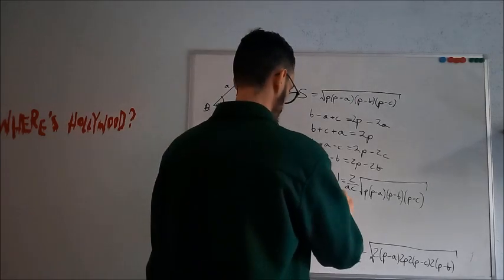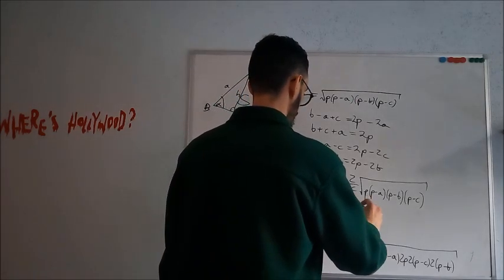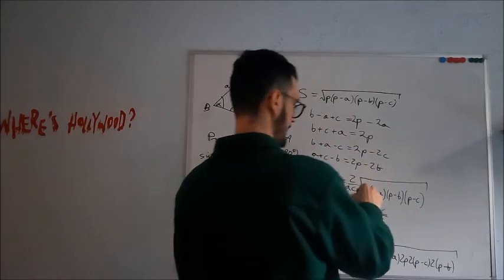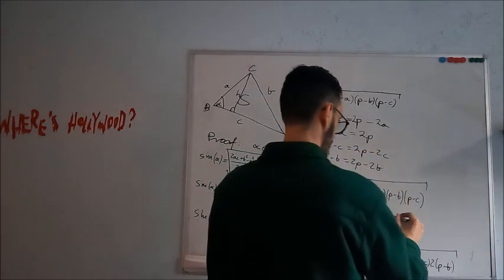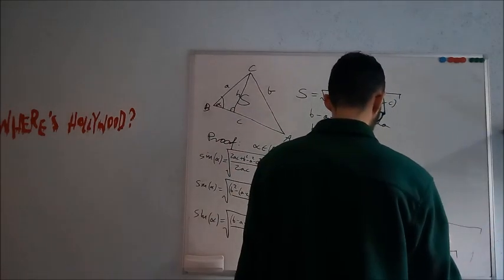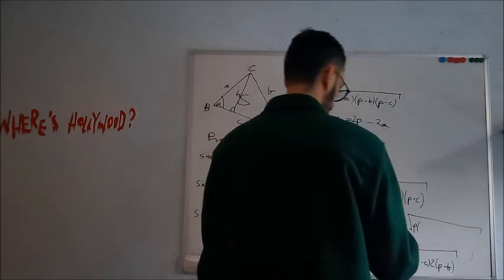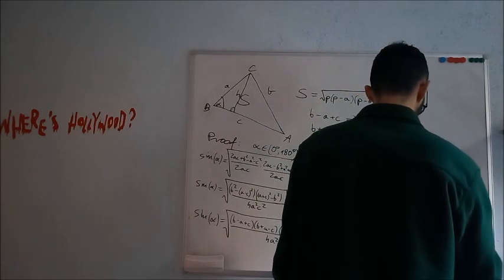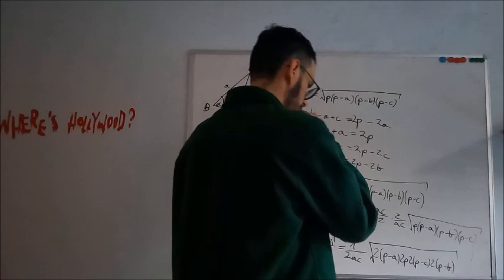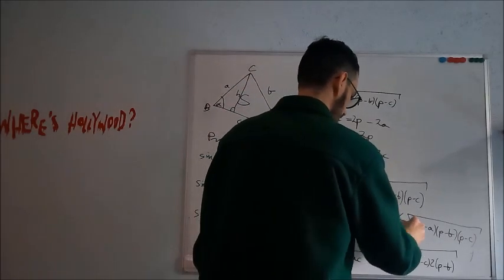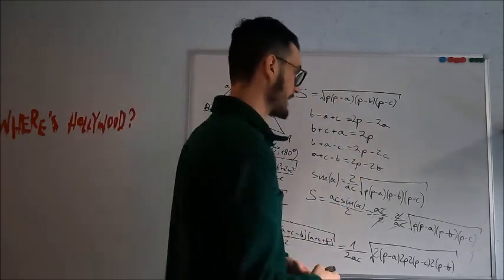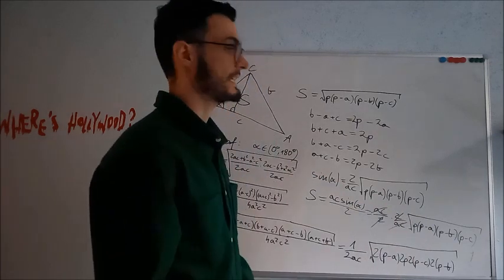Right, so we've got ac sine alpha over 2, which is ac over 2 times sine alpha, so times 2 over ac times the square root of p times (p minus a) times (p minus b) times (p minus c). Okay, this cancels out, obviously, because the side lengths are positive numbers, and we are left with the formula.